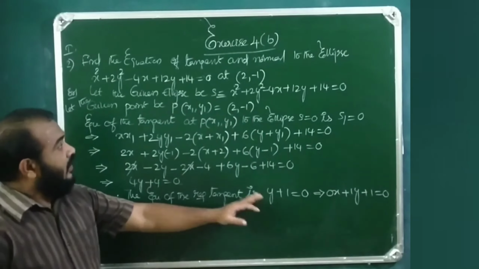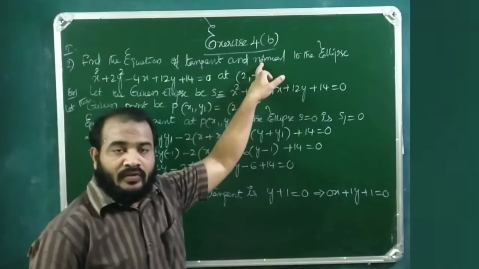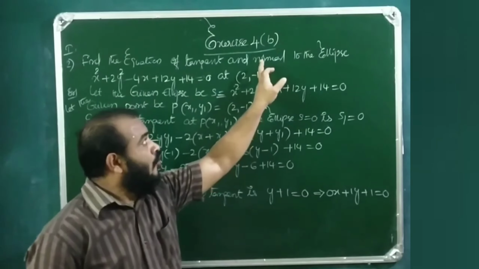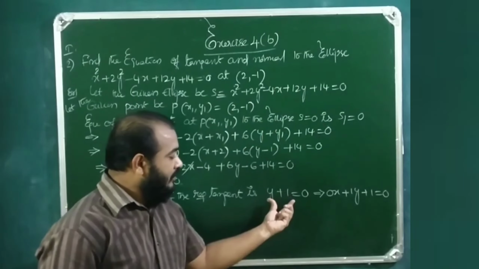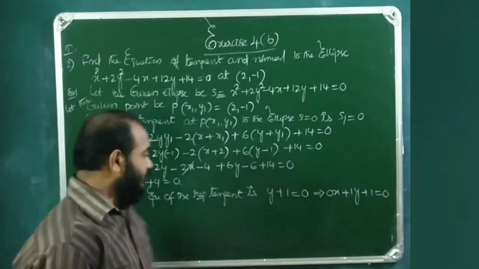So this is the tangent, and we require the normal also. It is obvious that the normal is perpendicular to the tangent. So what is the line perpendicular to this?